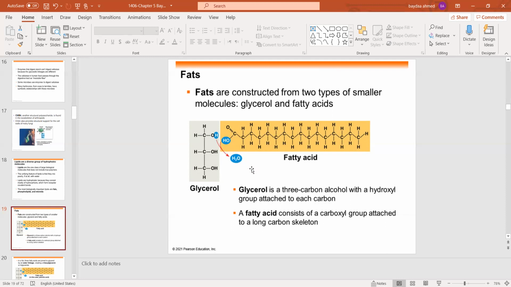So as we see here, fat is composed of glycerol and fatty acids. Glycerol is a 3-carbon alcohol with a hydroxyl group attached to each carbon. A fatty acid consists of a carboxyl group attached to a long carbon skeleton.